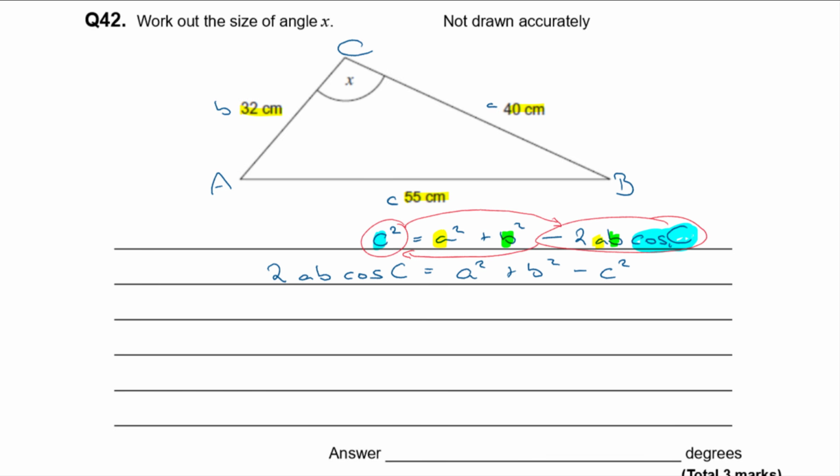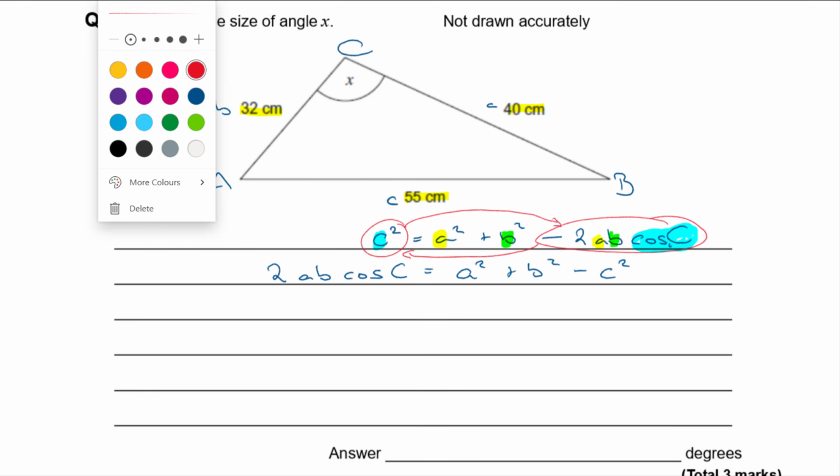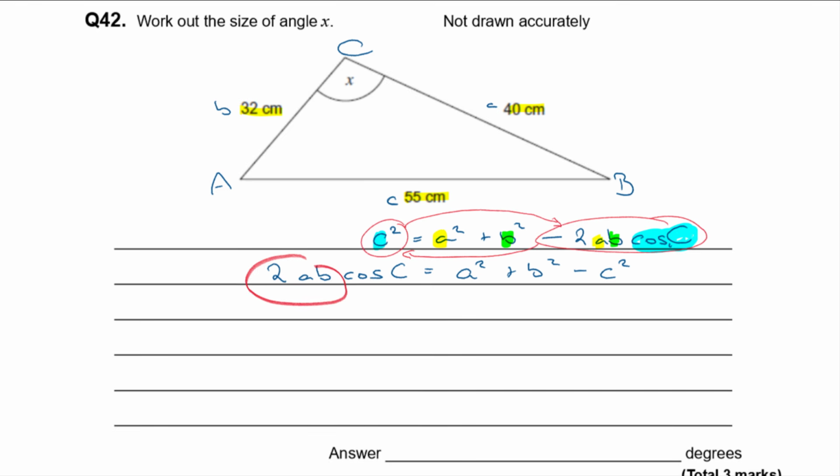Then I'm going to take this part that's in front of cos c, and divide both sides by it, so it'll end up moving down there. So I get cos c is equal to a squared plus b squared minus c squared over 2ab. Okay, so that's the formula, and I just need to carefully sub into it now.